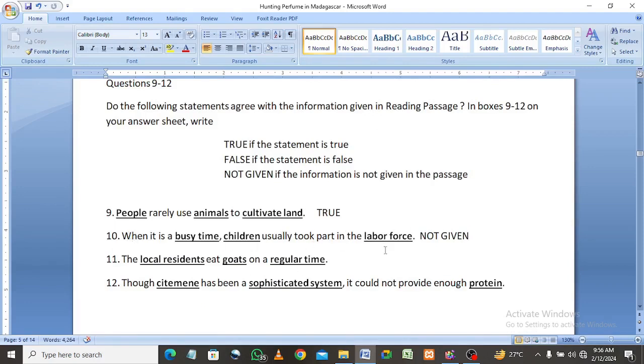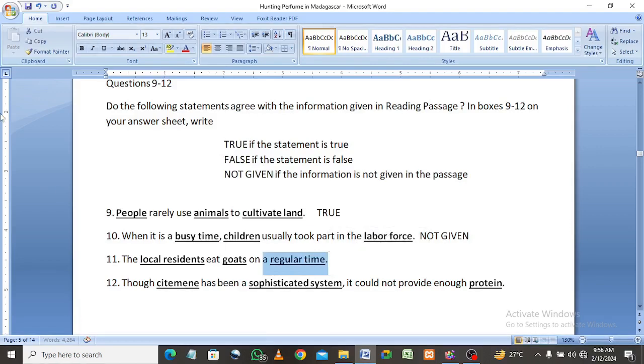Now let's move on to the next one. The local resident eats goat on regular time. They eat goat on regular time.